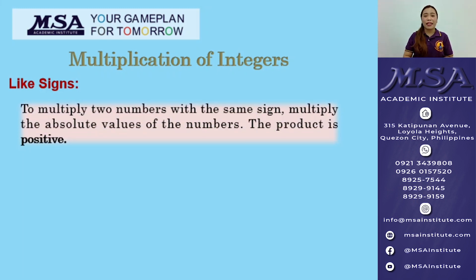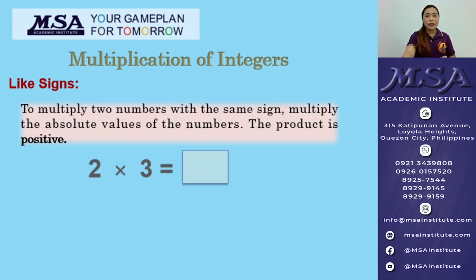To multiply two numbers with the same sign, multiply the absolute values of the numbers, the product is positive. So that means when we multiply two numbers having the same sign, the product is always positive.